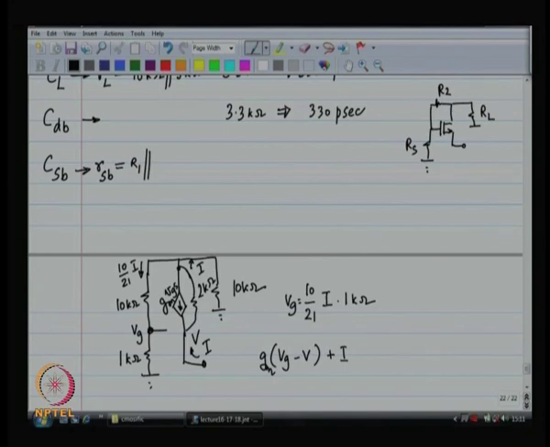And what is the current through RDS? The current through RDS is the voltage at the output node, minus, I am sorry, V minus the voltage at the output node divided by 2K. And the voltage at the output node is 10 by 21 I times 11K.